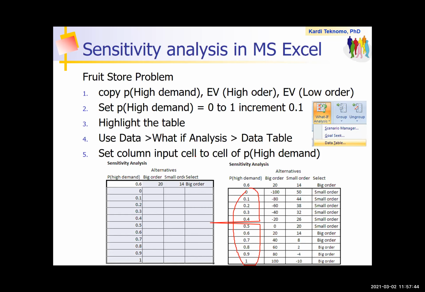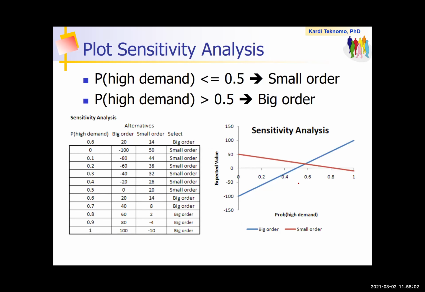Then in Excel, you can use data, then what-if analysis, and do data table to get everything. So what will happen if you use a big order or a small order? From there, you can compute the result and draw the sensitivity analysis.